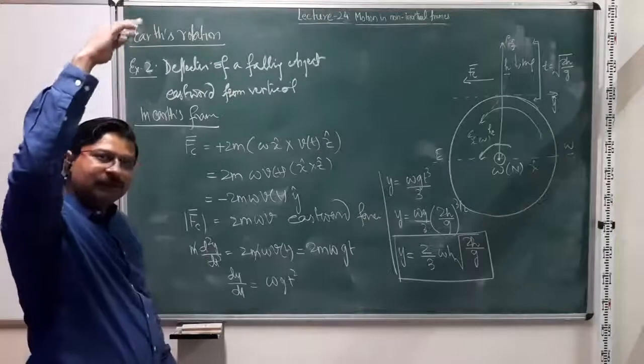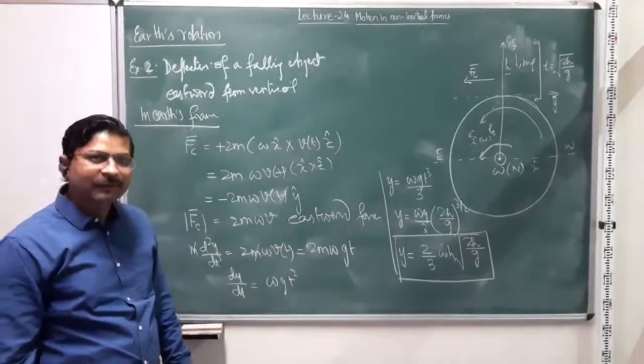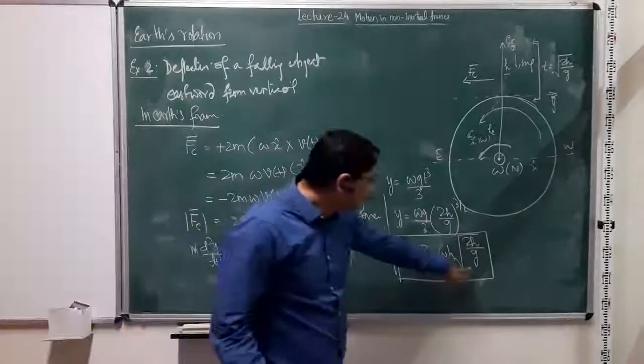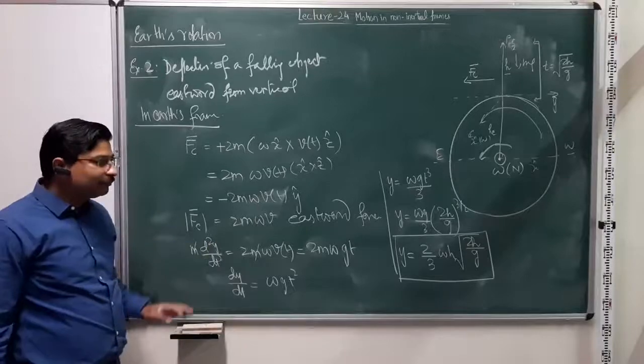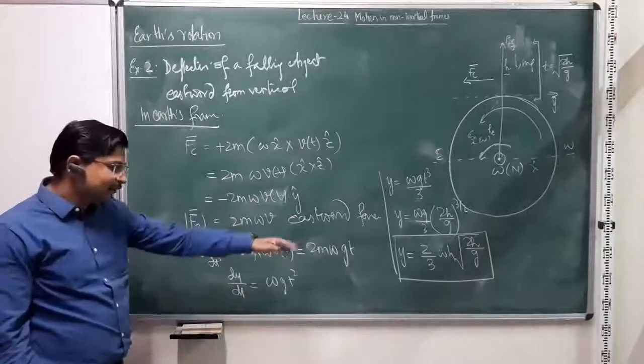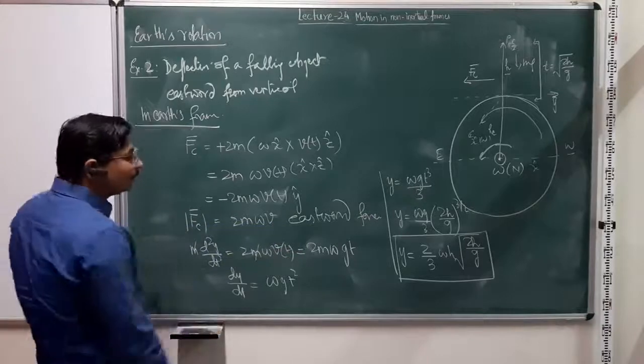But if the height is of the order of, let's say, 100 meters or 200 meters, where the acceleration of gravity, small g, can still be taken as a constant, then we do see a measurable effect because of this phenomenon. Okay.